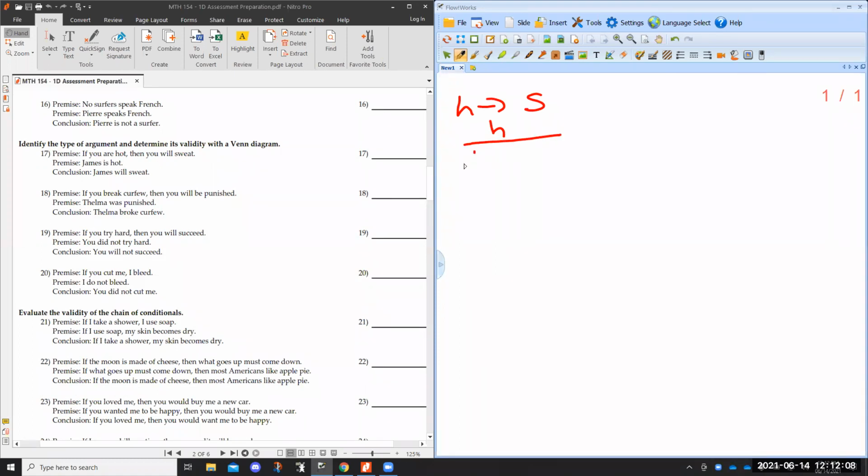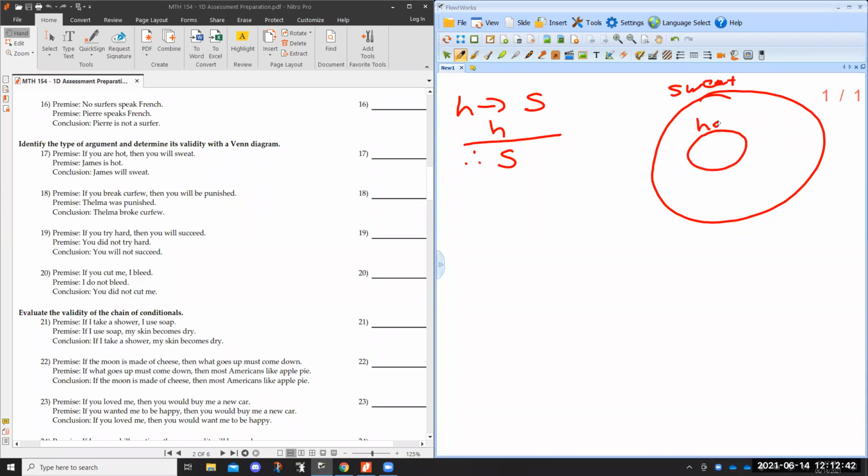That is a deductive argument that looks like this. So if you are hot, then you will sweat. Sweat. Hot. James is hot. Therefore, James will sweat. It looks like that.